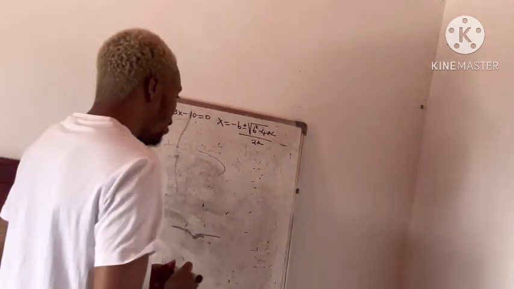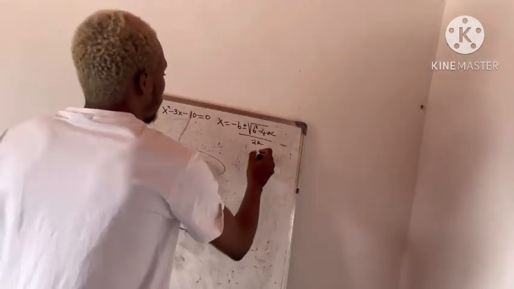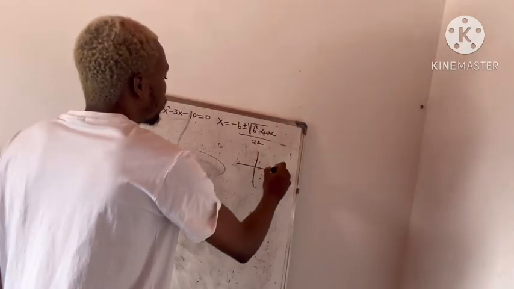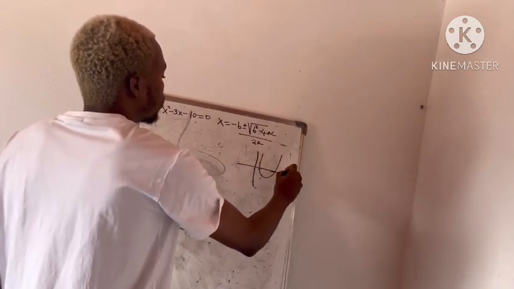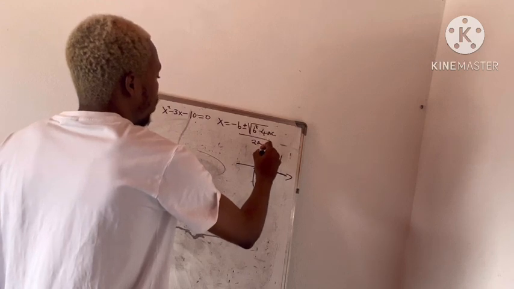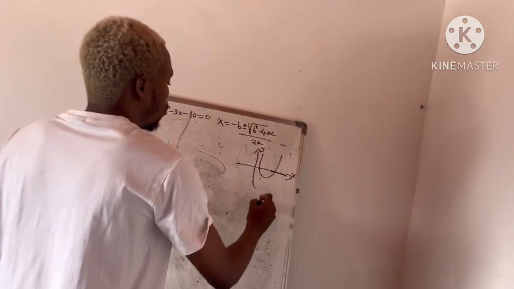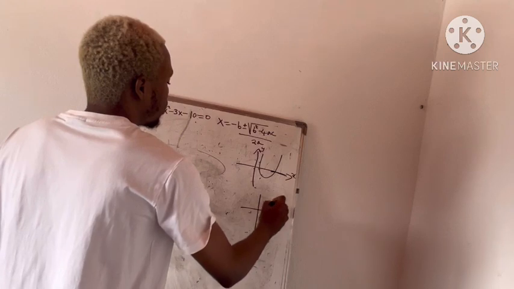Looking at graphs of quadratic equations, you could draw a graph and end up with something like this. This is your y and this is your x. Or you could end up with something like this.